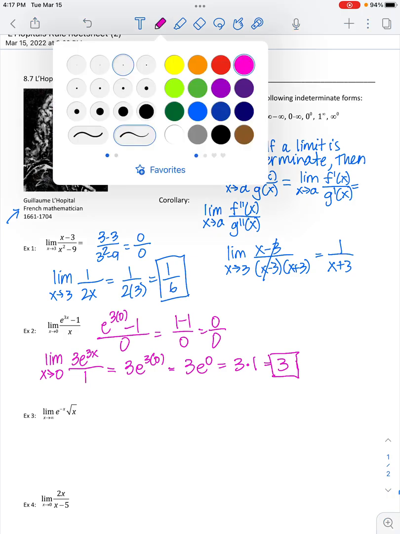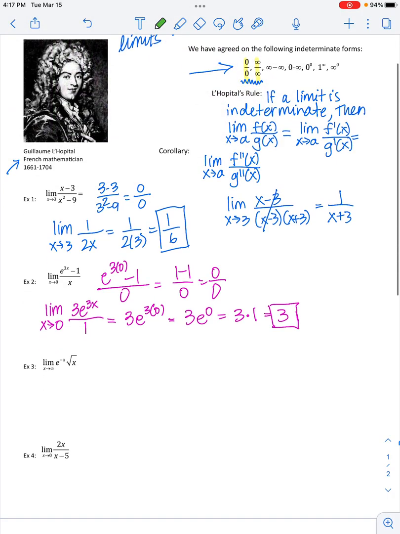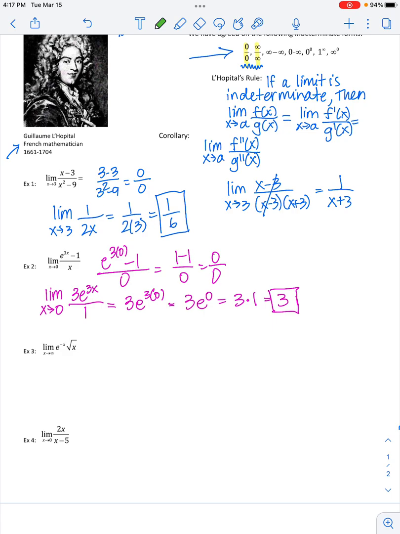Okay, let's try another one down here. This one has the limit approaching infinity. Okay, so let's see what happens here. I'm probably going to just rewrite this with a positive exponent. The e to the negative x just means that you can write it as e to the x and put it in the denominator.